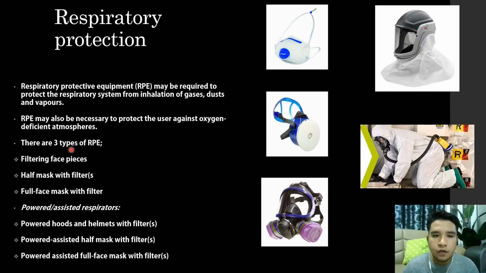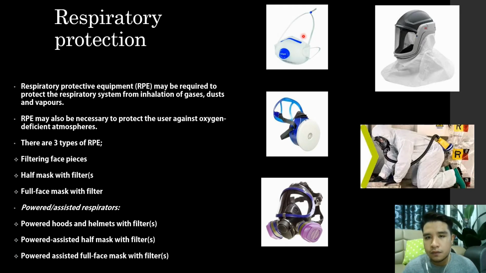There are three types of RPE: filtering face pieces, half mask with filters, and full face mask with filter. And for the powered assisted respirators, the first is powered hoods and helmet with filters, powered assisted half mask with filters, and powered assisted full face mask with filter.